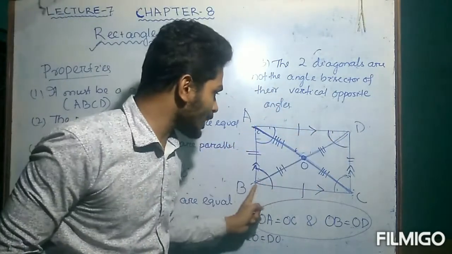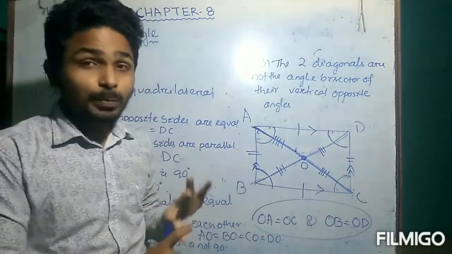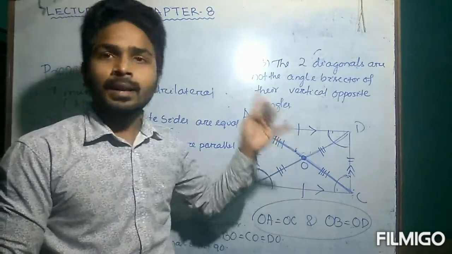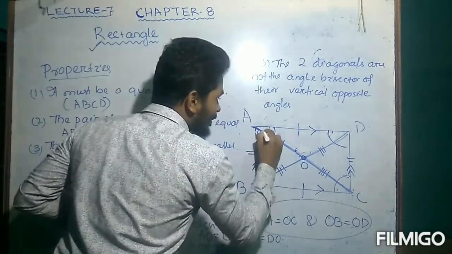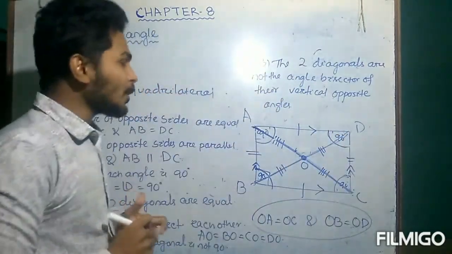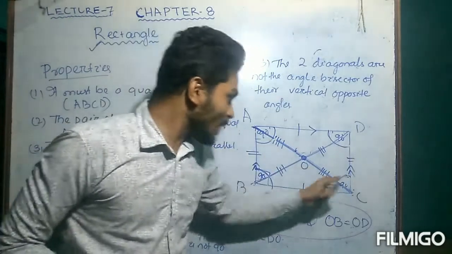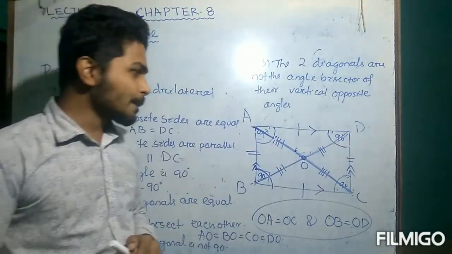That means AD must be parallel to BC, AB must be parallel to DC. The fourth point is each angle must be 90 degrees, right? The fifth point is the two diagonals AC and BD are of equal length, right?